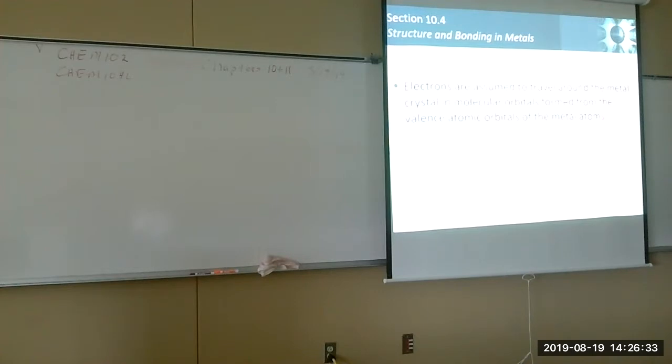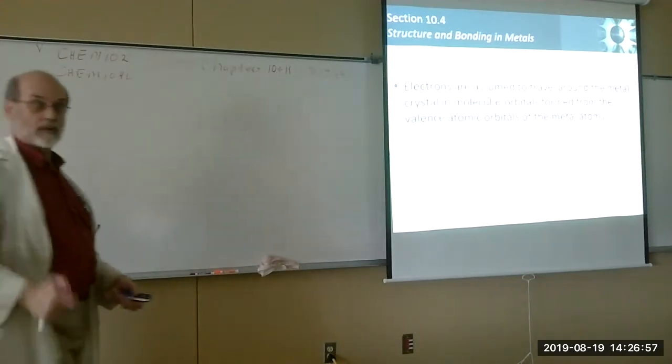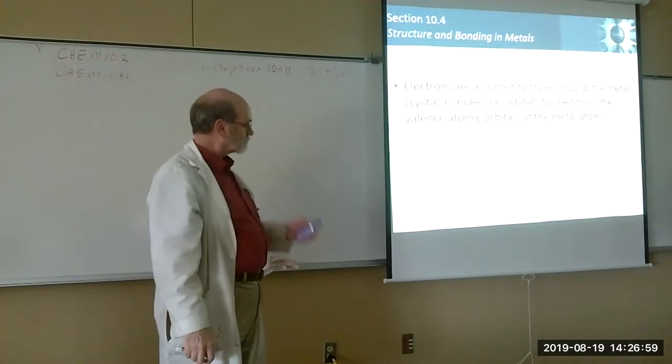But remember, in here, you go back 1, because these are d orbitals, right? So this is 4d. 1, 2, 3, 4, 5, 6, 7, 8, 9, 10, 11. So you got 11 valence electrons that are in those molecular orbitals.